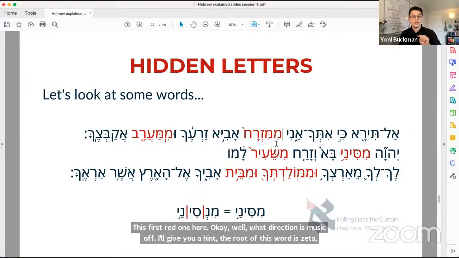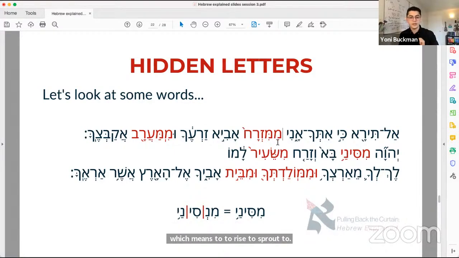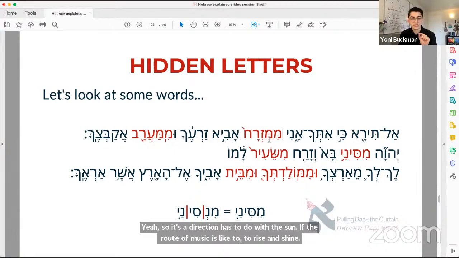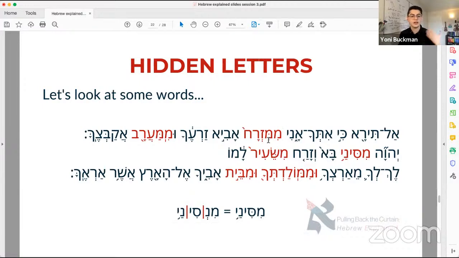Instead of min mizrach, we just see the mi prefix, and there's a dot in the mem. Now you know that this is a dagesh chazak because it can't be a dagesh kal. Dagesh kal only appears in those beged kefet letters, right? So the mem, we know there's no other variation of the mem. It's not like bet, vet.